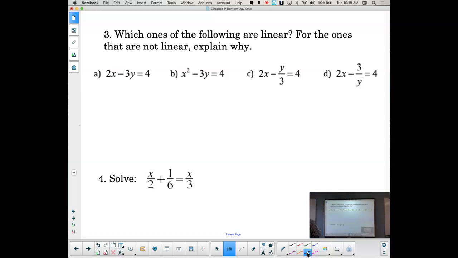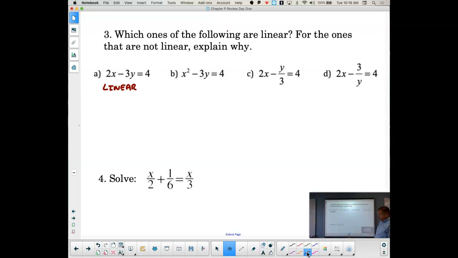In 3a, this one is linear. If we were to graph it, it would be a line, therefore it's linear. We can also classify it as linear because the largest exponent on any variable is positive 1.